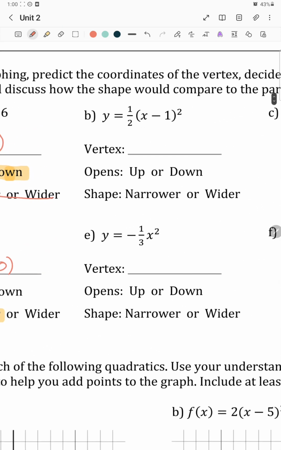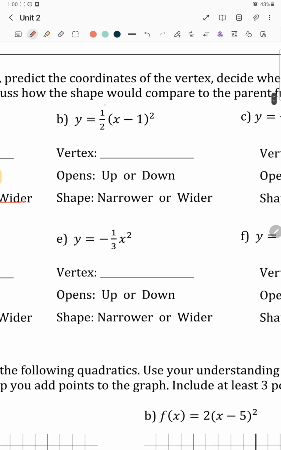Okay, so it's 1 by 2, so it's going to be wider, and positive, so it's going to go upwards. Positive means upward. I will write here. Positive means upward. Fraction means wider, and it would be 1 and 0.